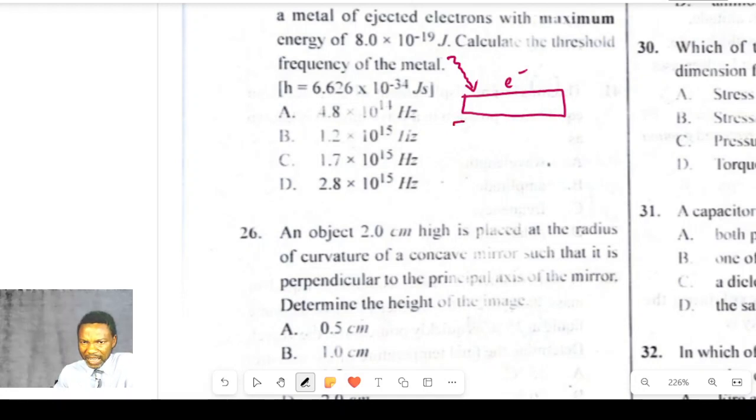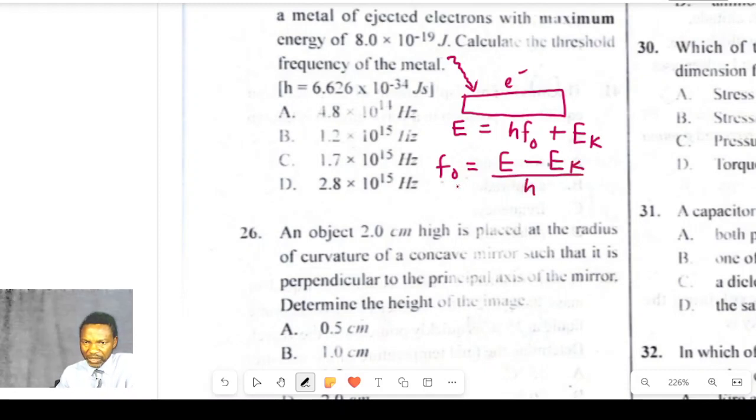We know that the energy of the incident light is equal to h, the Planck constant, multiplied by the threshold frequency, plus the kinetic energy of the ejected electron. So we make f naught the subject of the formula: f naught is equal to E, the energy of incident light, minus kinetic energy, divided by the Planck constant.